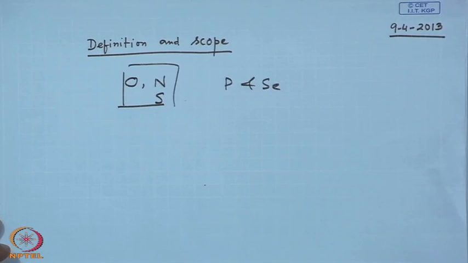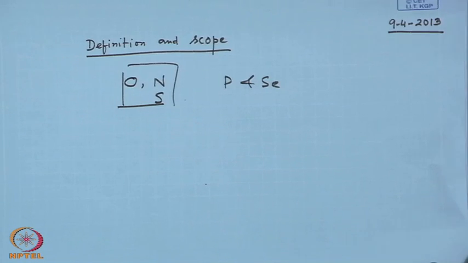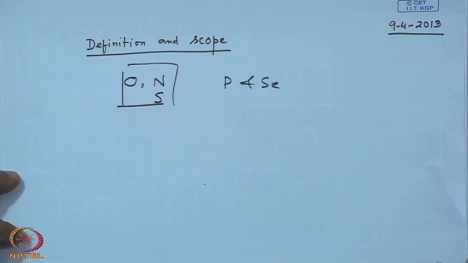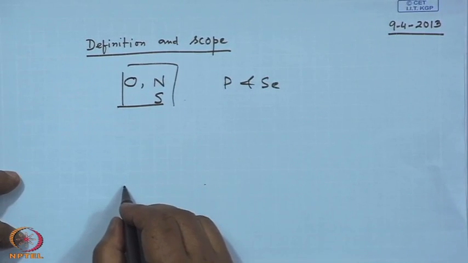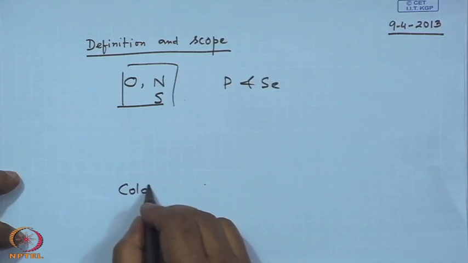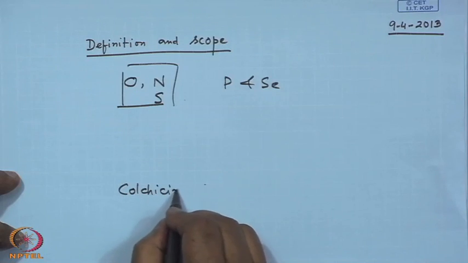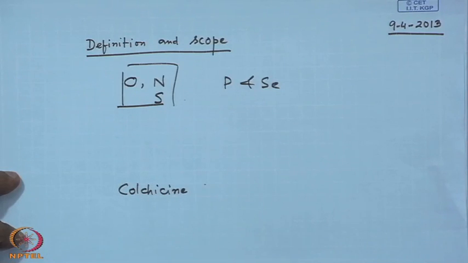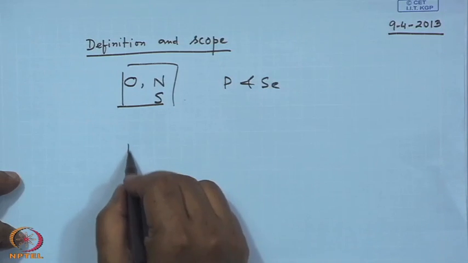Let me take a molecule which is my favorite molecule, in fact. Many of you must have heard the name of this molecule, colchicine. Have you heard of colchicine? Colchicine is a molecule.